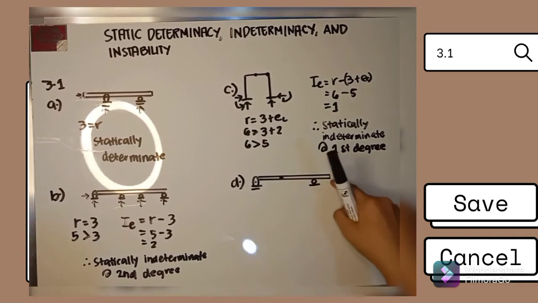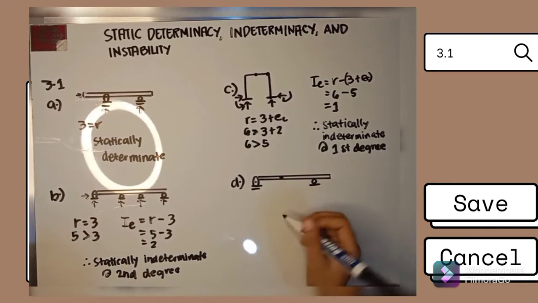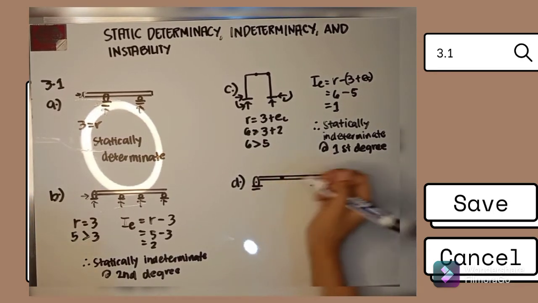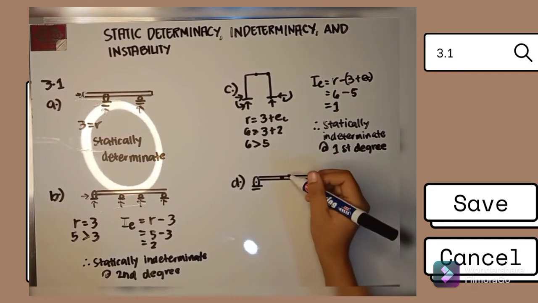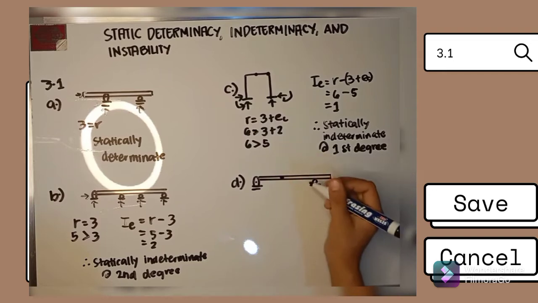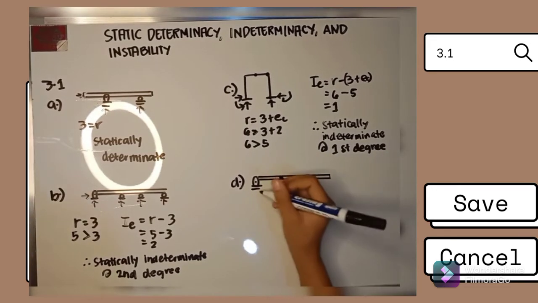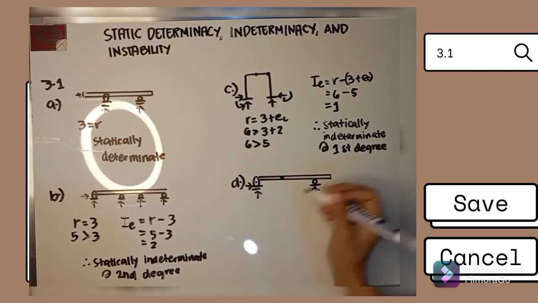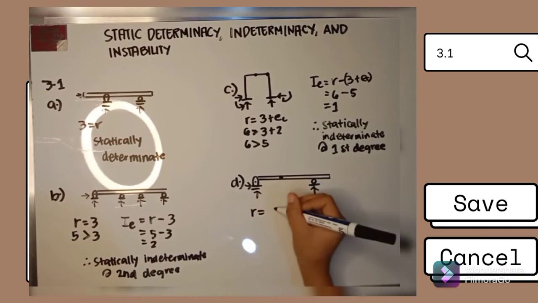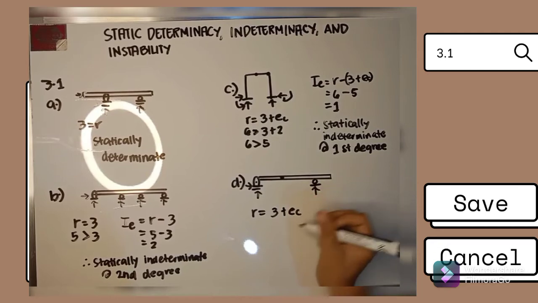Okay, so letter D na tayo. So this beam is supported by one hinge and a roller. It also has one internal pin. So the hinge again has 2 reactions, roller 1. So R is equal to 3 plus EC.